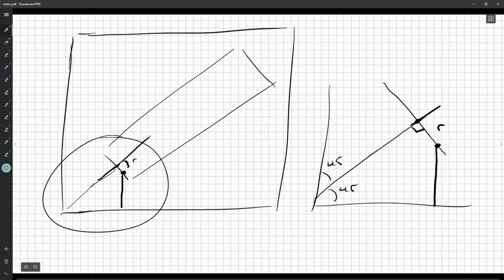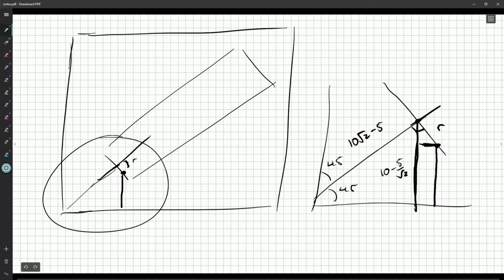This distance. Oh, if I were to drop this down here, we know that this is 10 root 2 minus 5. So this length here would be that divided by root 2. So that would be 10 minus 5 over root 2.